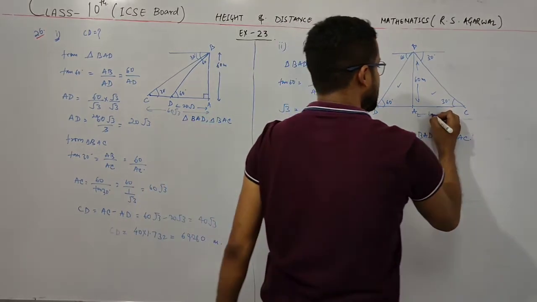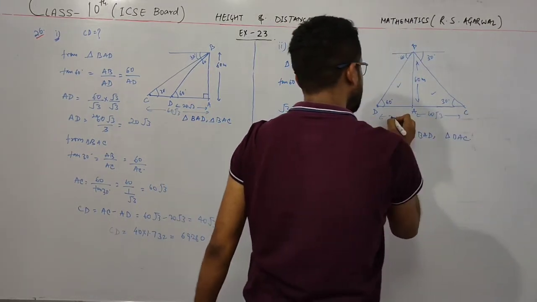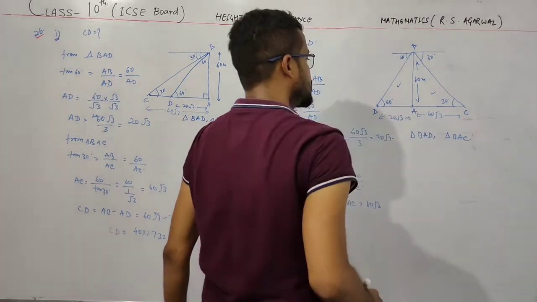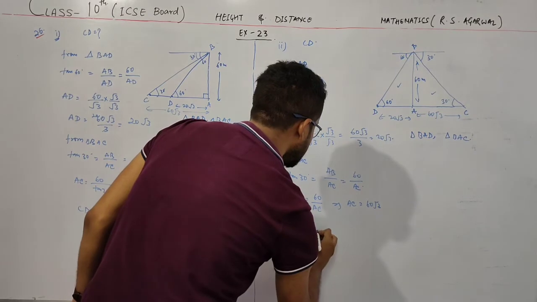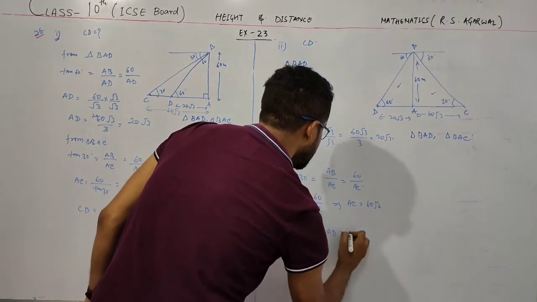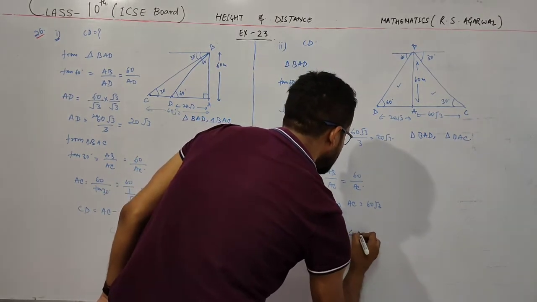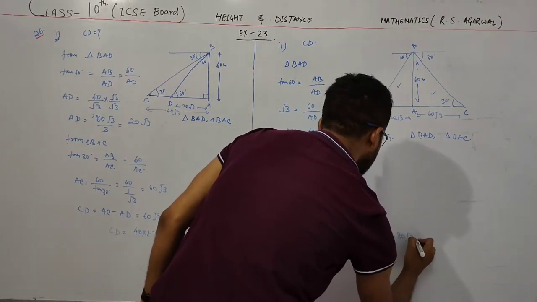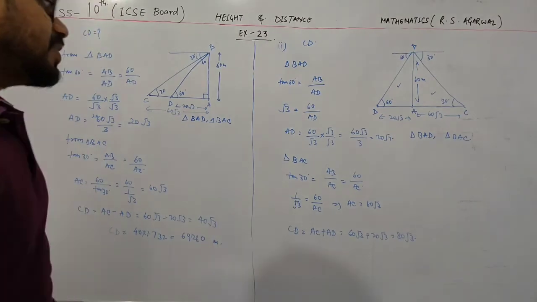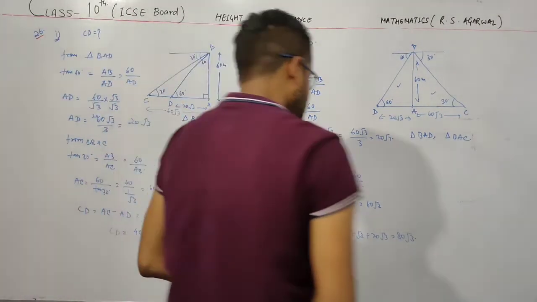So this is 60 root 3 and this is 20 root 3. So the value of CD is simply the summation of AC plus AD, which is 60 root 3 plus 20 root 3, 80 root 3. Okay, so this is the value 80 root 3. Put the value of root 3 here.